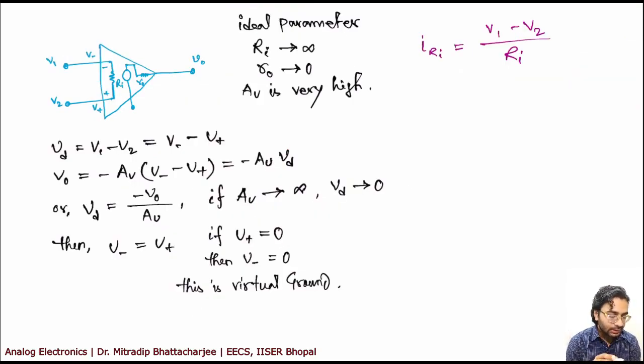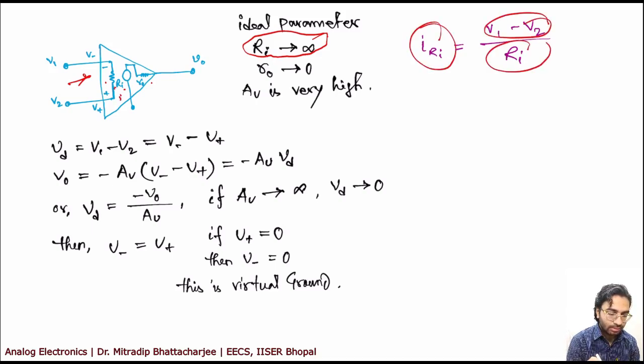Let us see what is the case. Now this is your circuit as I have shown. Ri is the input resistance, R0 is the output resistance. Now you have considered Ri to be infinite. Infinite means it is effectively an open circuit, but let us take a value which generally is the case. You will get a very high value, but something is there, it's not completely open. Now in this case, the current through Ri, IRi, will be V1 minus V2 divided by Ri. For Ri very high, the IRi value is very low.